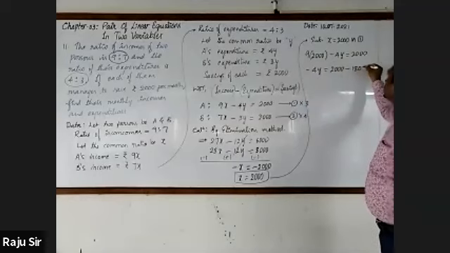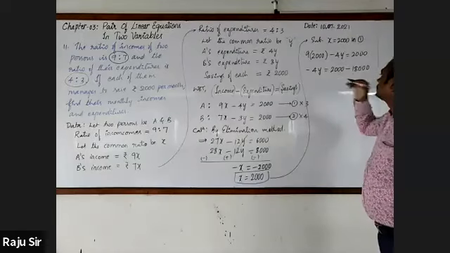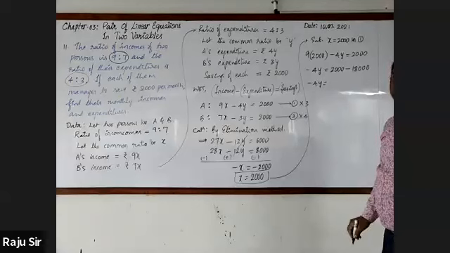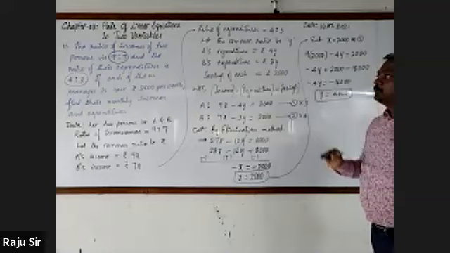Transfer that to the right hand side. Minus 4y is 2,000 minus 18,000, which is minus 16,000. So y is equal to 4,000.